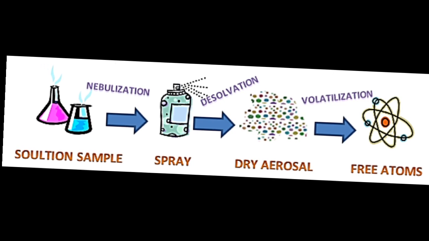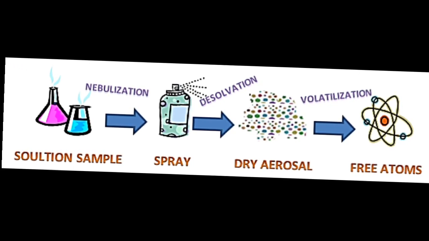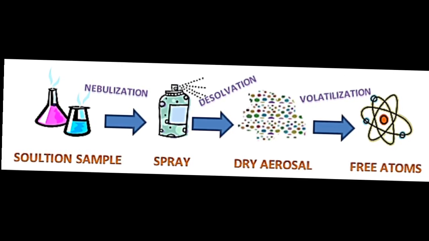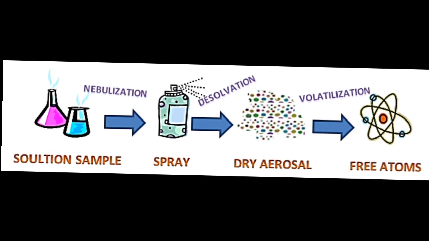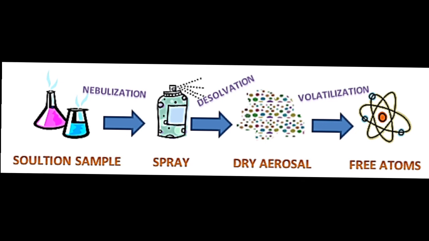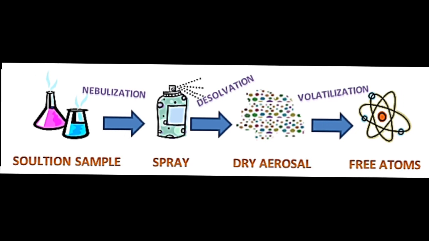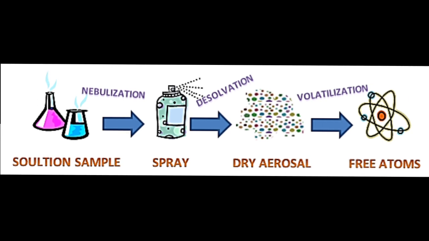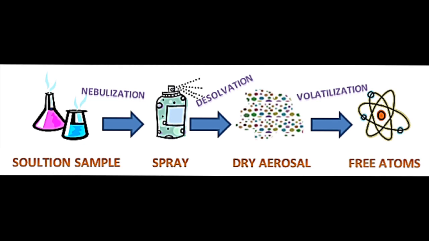So this is similar to an aerosol can. The fine mist is carried to the atomizer, such as a flame, by a carrier gas. When the mist reaches the flame, the intense heat breaks up the sample into its individual atoms. This final process is called atomization.